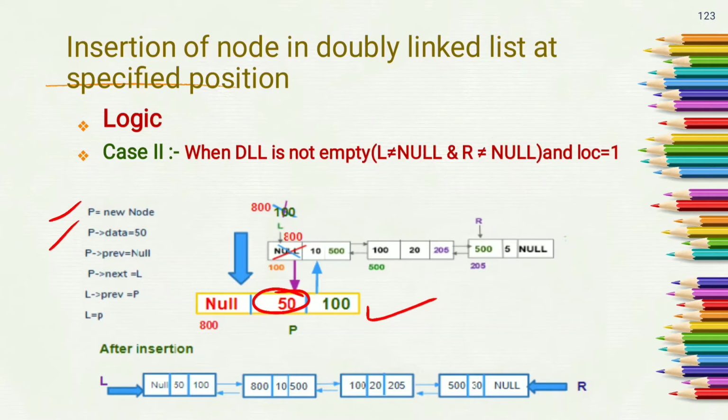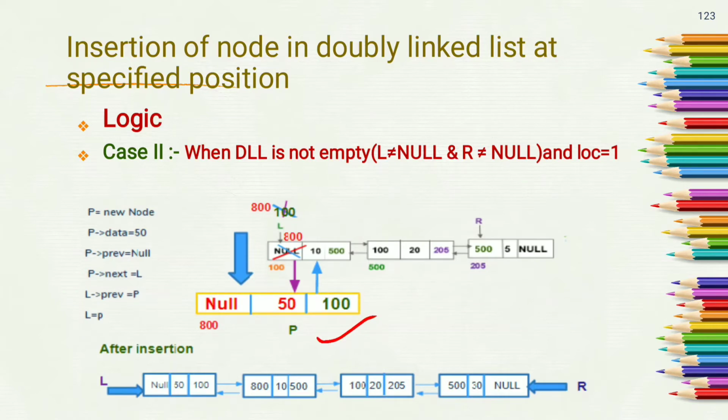then store the data value into the data field of P node and store null into the previous pointer of P node, because this node will become the first node of the doubly linked list and there is no previous node of this node. Then we have to store the address of the node having address 100 into the next pointer of P node.